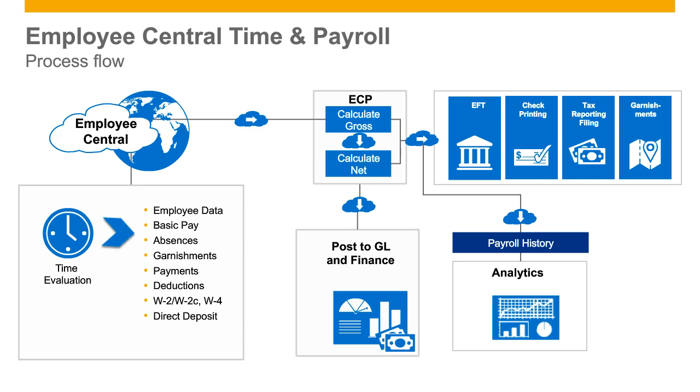You can do that at any location as long as you have the hardware and your check stock. That's one of the transactions as part of the post-payroll processing. We also have the capability to generate the tax reports, both quarterly, annual, and monthly SUI reports.